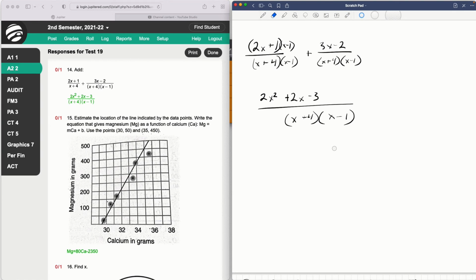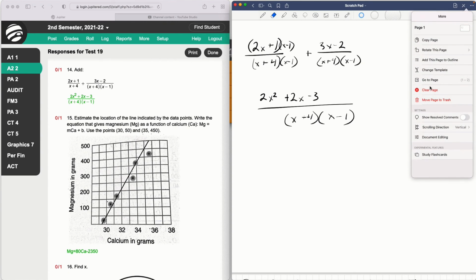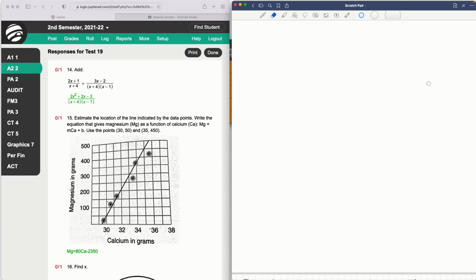All right, number 15. Let me clear this. Estimate the location of the line indicated by the data points and write the equation that gives magnesium as a function of calcium. Magnesium is equal to, it's just y equals mx plus b, but we're using something different for y and x.